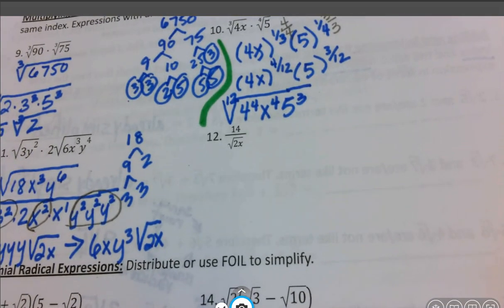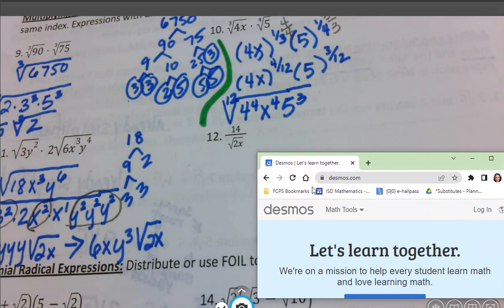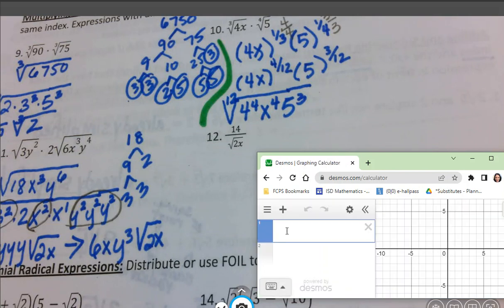Now, we can actually get a number out of some of that. So what we're going to do is go into Desmos and figure that out. That's not something I'm about to do in my head. All right, so we need to do 4 to the 4 times 5 to the 3.